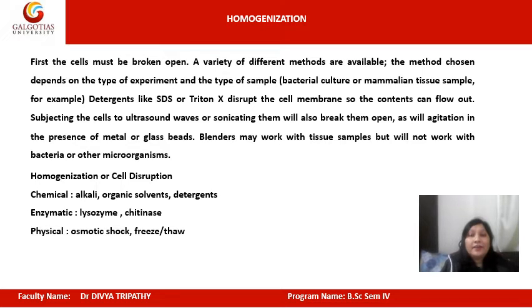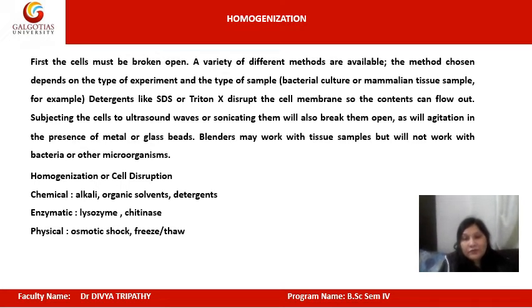These surfactants can be used to disturb the cell membrane so that the contents of the cell can flow out in a sample tube. This can also be done by subjecting the cells to ultrasound waves or sonicating them using a sonicator, as well as by agitating the cells in the presence of metal or glass plates.